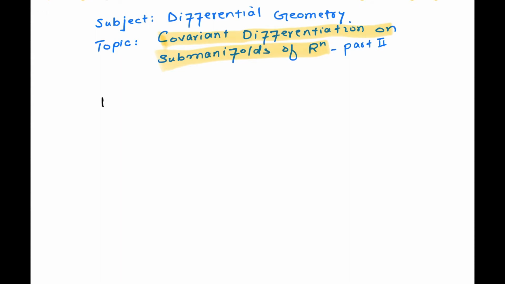covariant derivative as the tangential component of a derivative of a vector field along a curve.